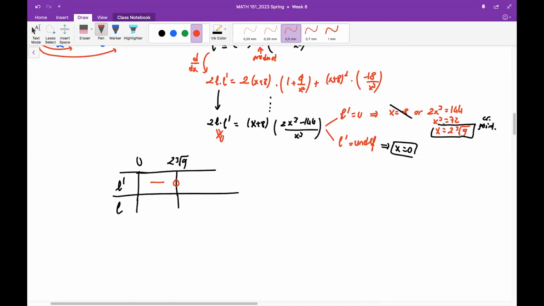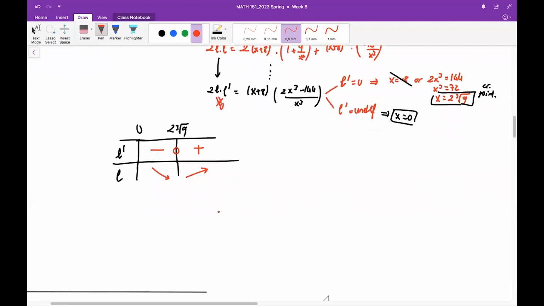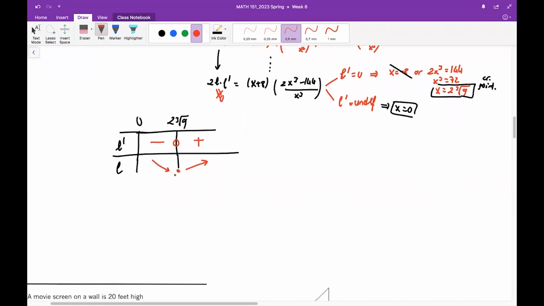If x is greater than this cube root, then this will exceed this number so that you will get positive values. If x is less than this number, this part will be smaller than 144 and you will get negative values. If first derivative is negative, original function is decreasing. If first derivative positive, original function is increasing, so that right at this critical point, you have a minimum value, right?